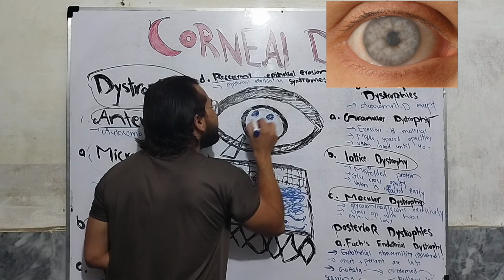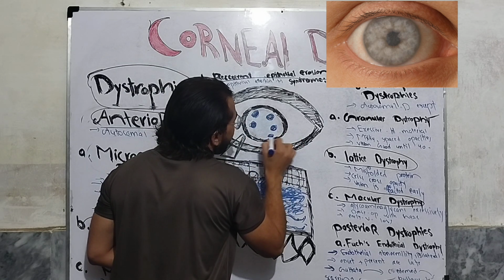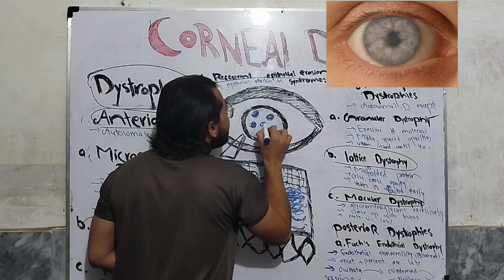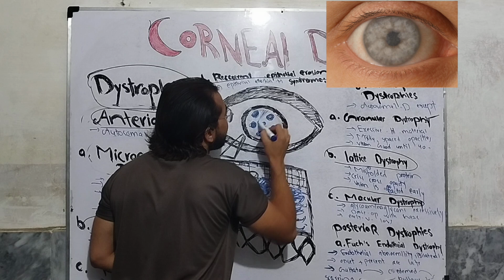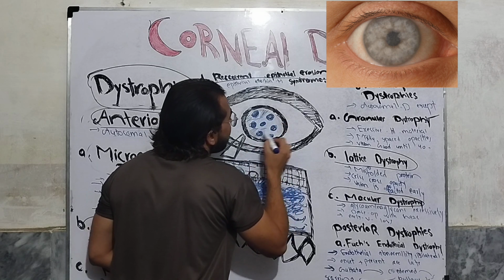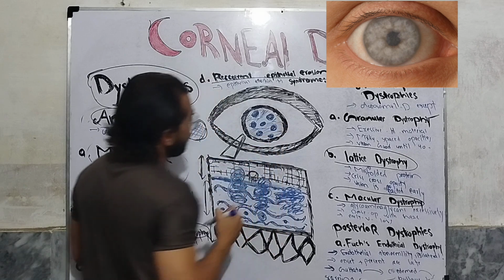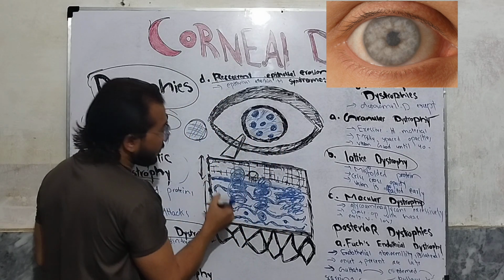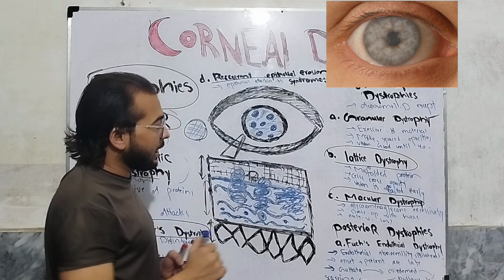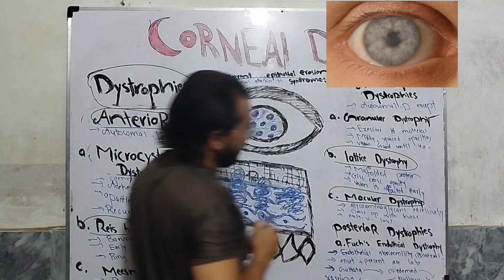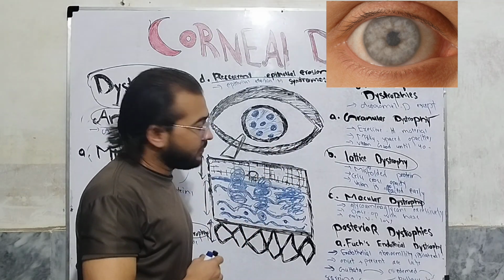In between these dense opacities, we will also have haziness. This is due to the deposition of excessive polysaccharide called glycosaminoglycans in macular dystrophy. So these were the stromal dystrophies.